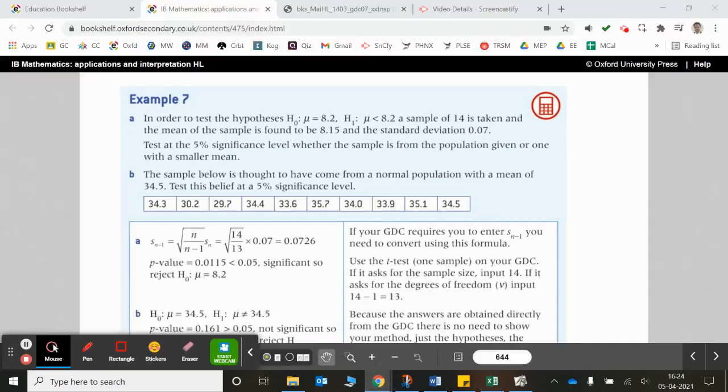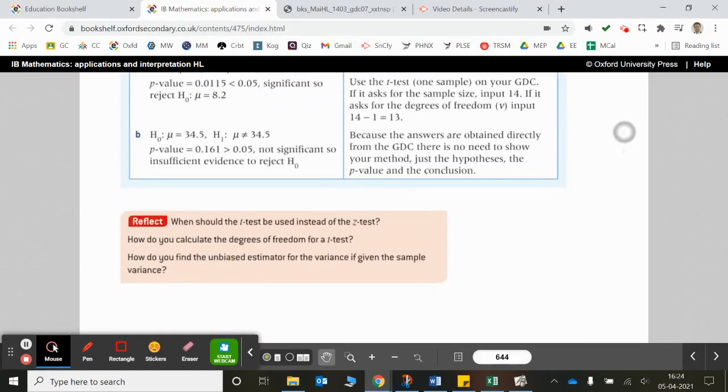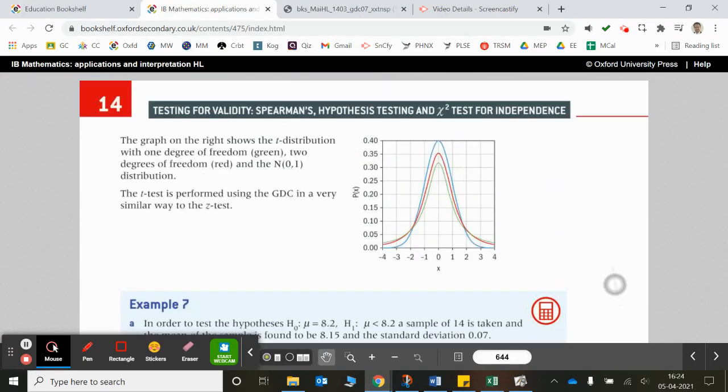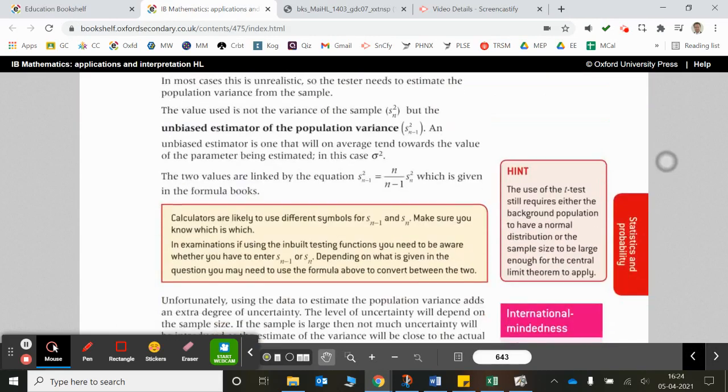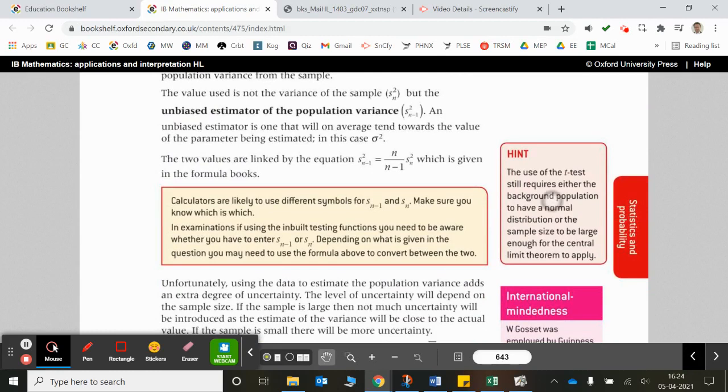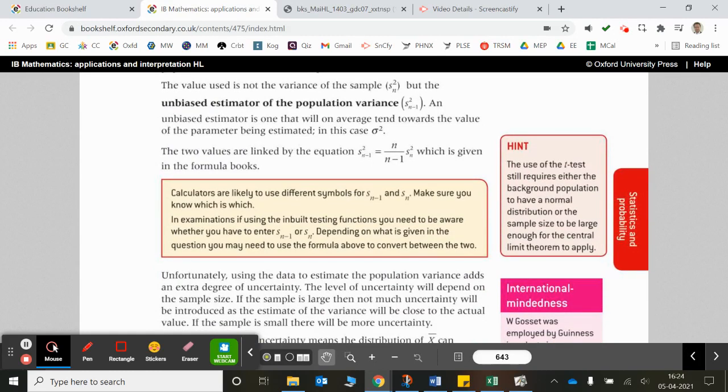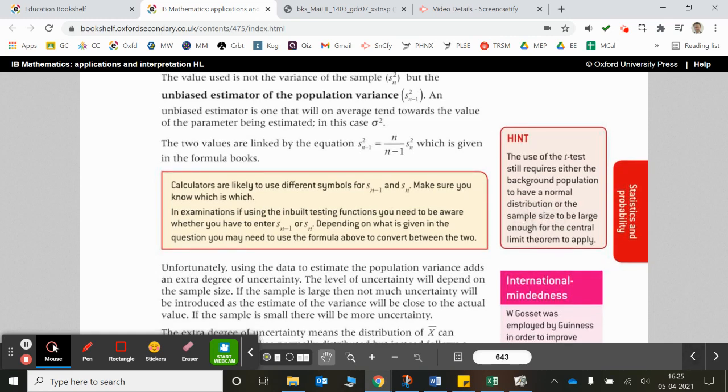And let's just show you that, actually. That in the book, I should say up here somewhere or other. What does it say? Here we go, in the hint, I think. In the hint, it says, the use of the t distribution, the t-test, still requires either the background population to have a normal distribution or the sample size to be large enough for the central limit theorem to apply.